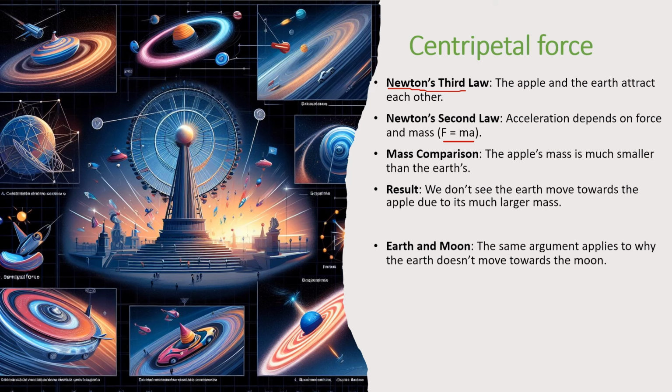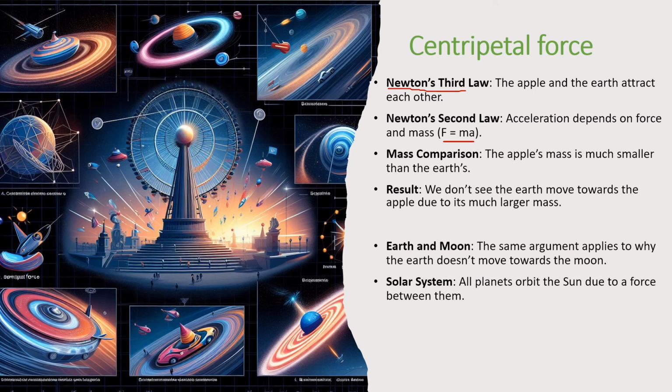The reason is the mass of the Earth is very high compared to the mass of the Moon. Naturally, the acceleration of the Moon will be very, very high compared to the acceleration of the Earth. Whichever has a higher acceleration moves, and in this case, the Moon moves.